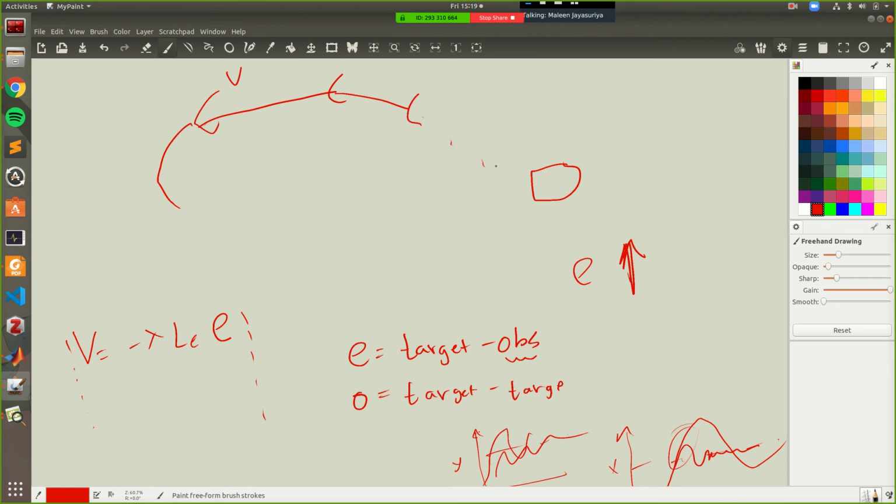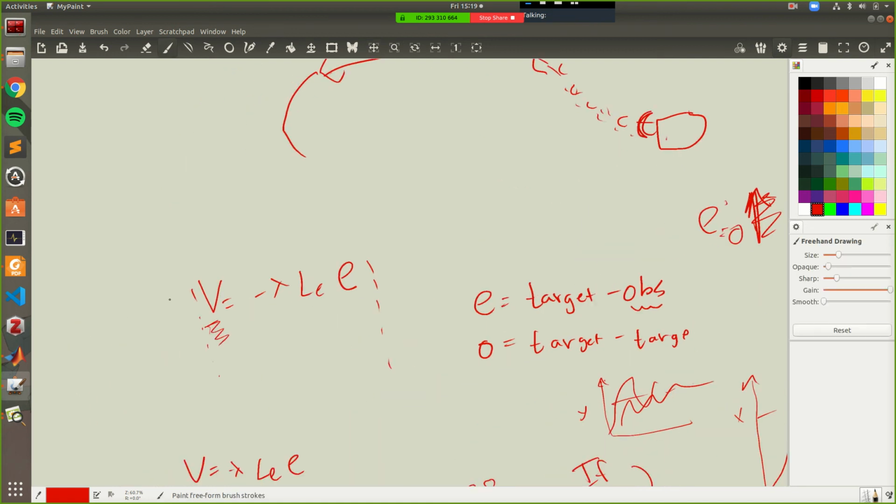But as you come closer and closer, your error starts to decrease, and your velocity starts to slowly decrease. Eventually, where you want it to be, it will stop, because then the error will become 0, and your velocity will finally become 0, and your controller will stop moving the arm. I mean the absolute zero.